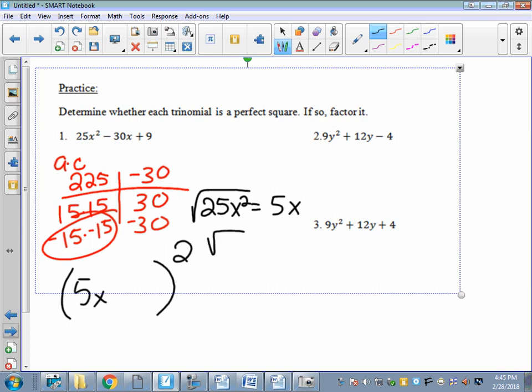And then I'll take the square root of my last term, which in this case is a 9. Square root of 9 is 3. Write that at the end. I still need a sign in there though, so I'm going to look and see, okay, I have a negative in front of my 30. So this is going to be a minus 3.